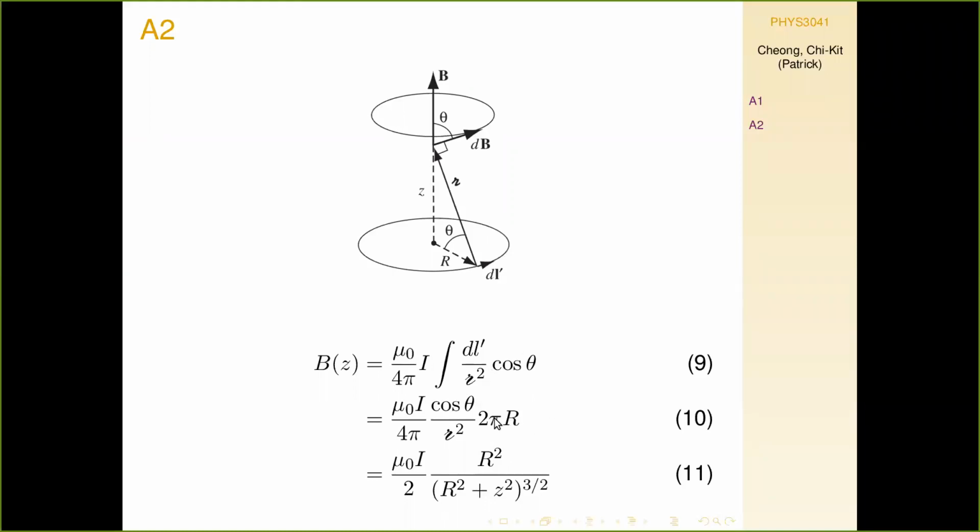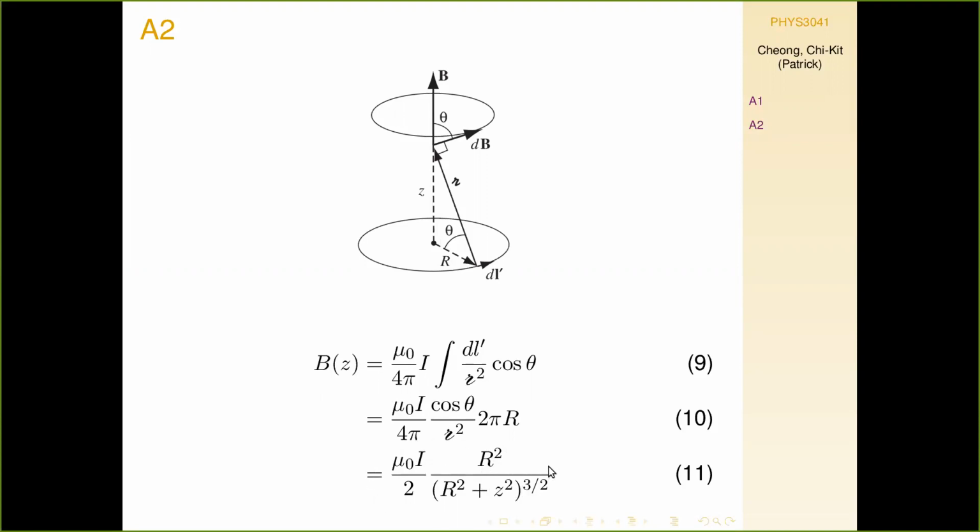So if you reduce all the things with the coordinate variables, then you can re-express your magnetic field in the following form.